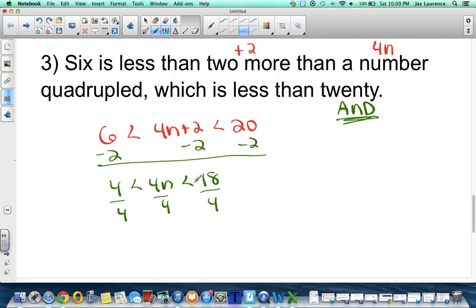What's that, Sean? Hopefully you're saying both of them, right? Okay, so the 4 divided by 4 will be 1 is less than n. Those cancel. Those do cancel, but to 1, right? 4 divided by 4 is 1. And then half of 18, I think, is 4.5, right? 4.5. So cut in half, get 9. Cut that in half, get 4.5.